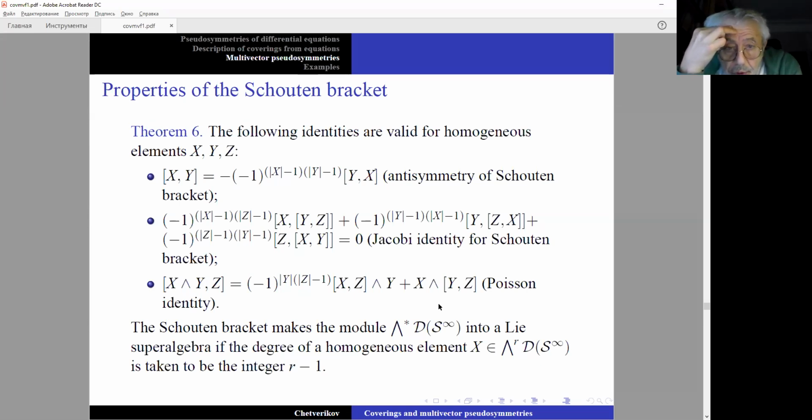Okay, more questions, more remarks? Vladimir Nikolaevich, two questions, please. The first one, would you show again the slide with references?